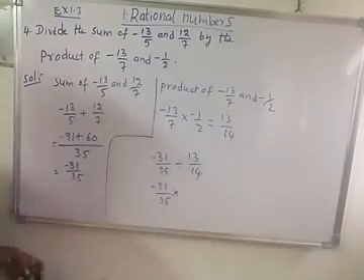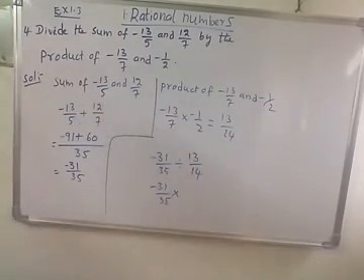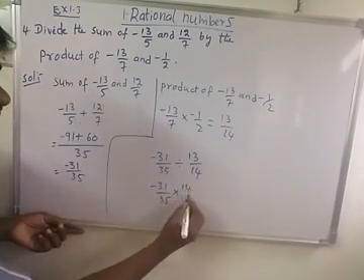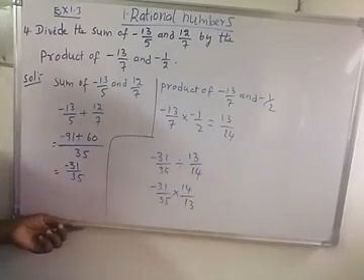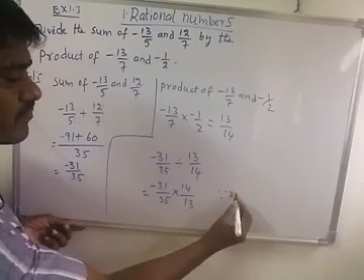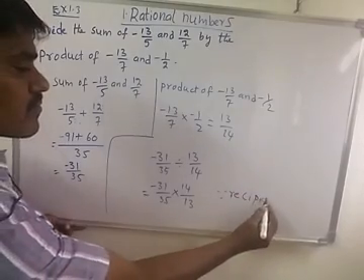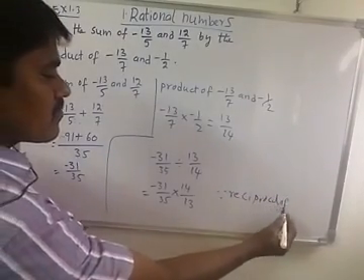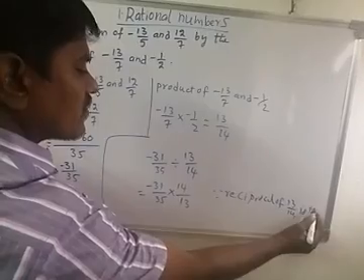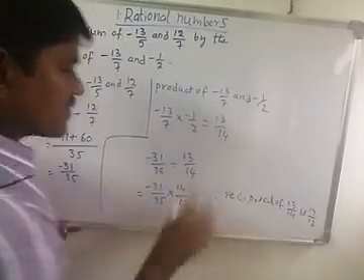The reciprocal of A by B is B by A, so the reciprocal of 13 by 14 is 14 by 13.